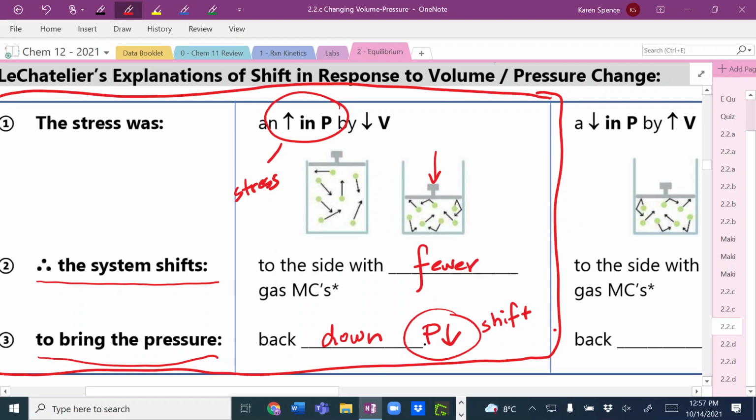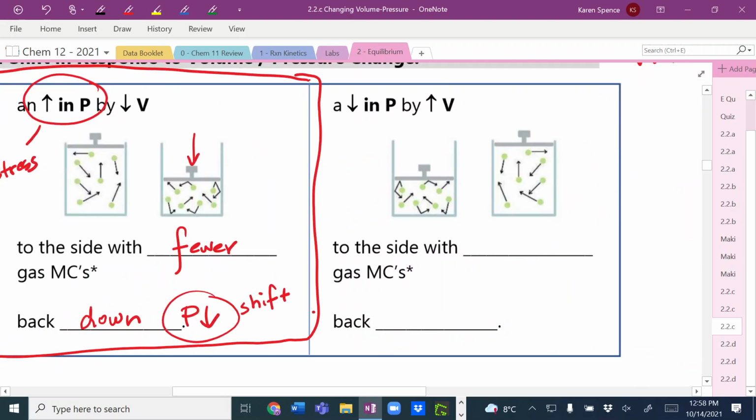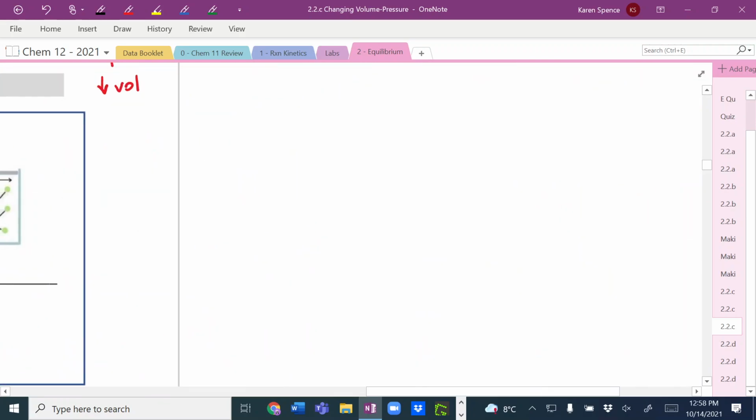What is Le Chatelier's principle again? Oh, that's not what I want to hear in a definition. But yes, that's the general idea. I want you to define it. So you're going to define it. You're going to start with when.